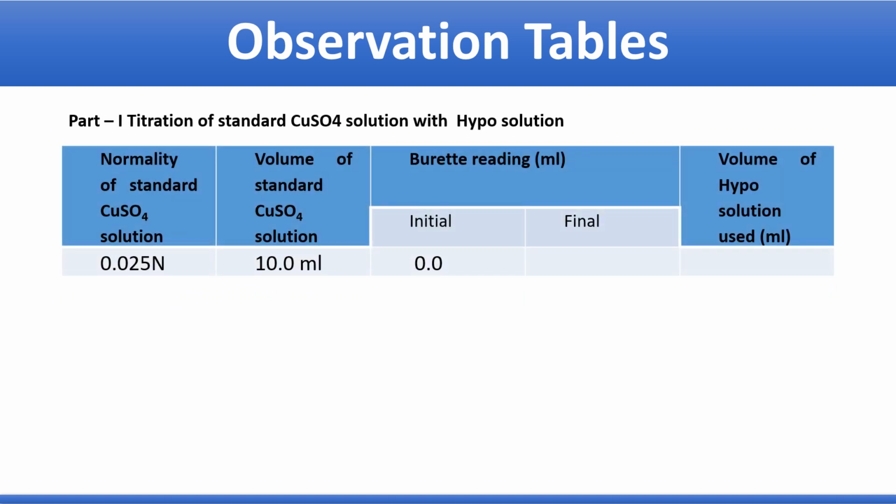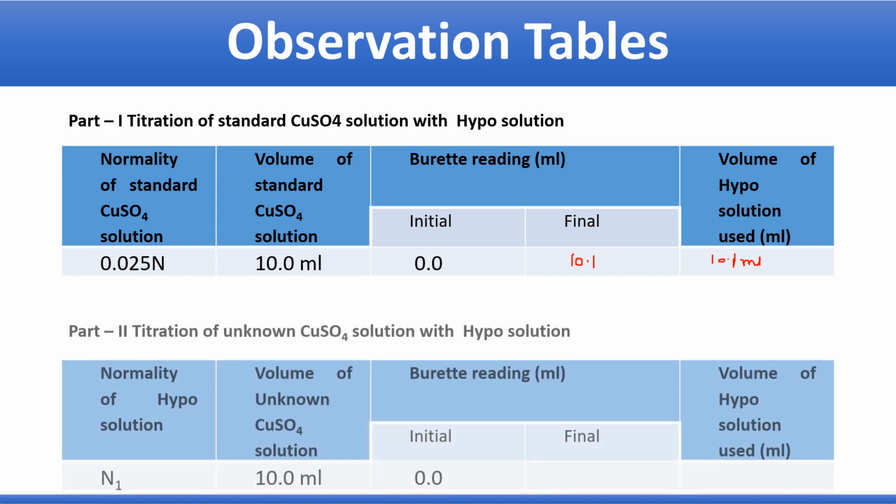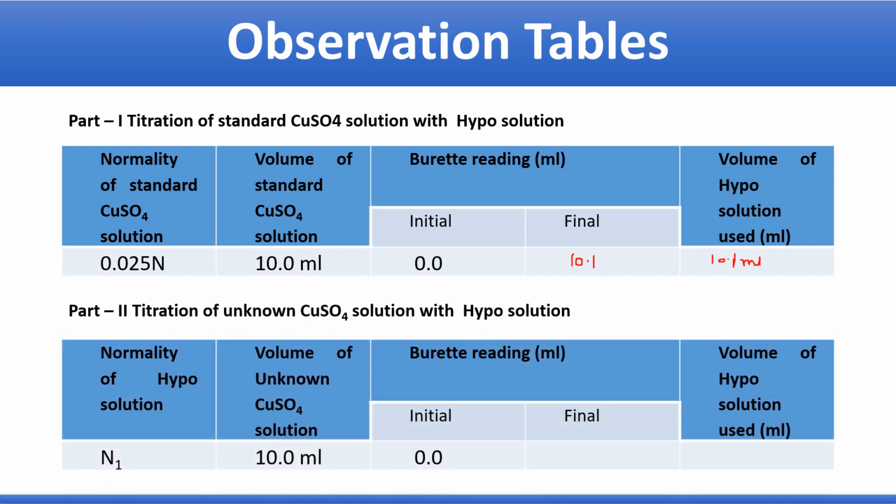The first observation table is for the titration of the standard copper sulfate solution and hypo solution. As we have seen, this time the final burette reading is 10.1 ml, so you can put this value here. Now, the second observation table is formed for part two, that is the titration of unknown copper sulfate solution with the hypo solution.